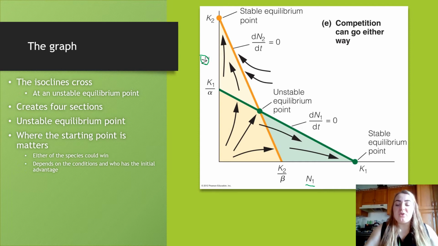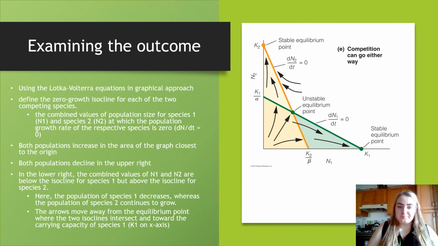So if species number 1 reaches carrying capacity and its equilibrium point, then species number 2 will be extinct. And it really depends on the conditions and who has the initial advantage. So where do you start at the beginning, and whichever one has a better start, that one is the one that is most likely to succeed.